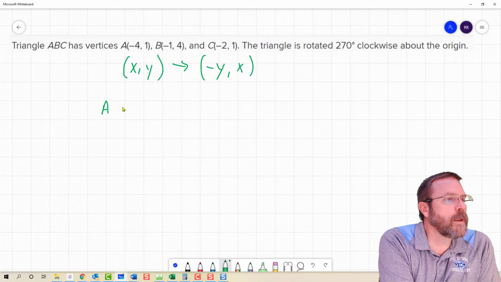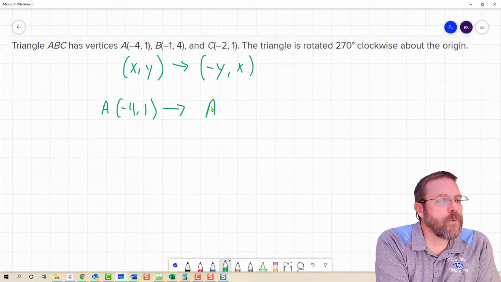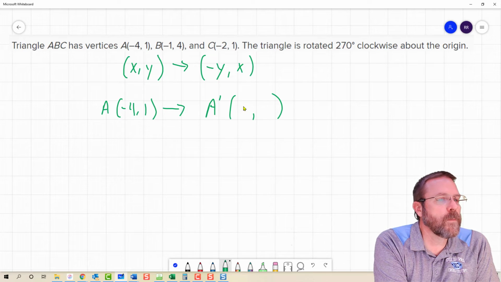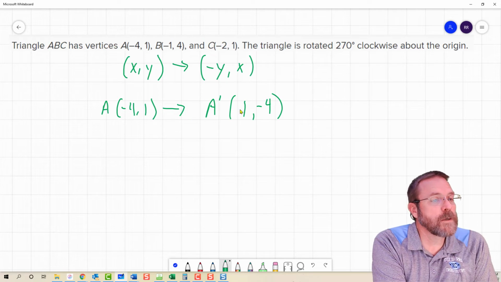So point A was -4, 1. That means point A prime is going to be, we're going to flip the order of them. So I'm going to have a 1 and I'm going to have a -4. And then the y value is going to be the opposite of what it was. It was a +1.